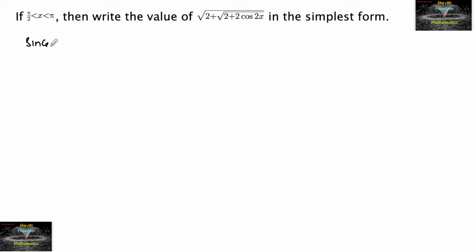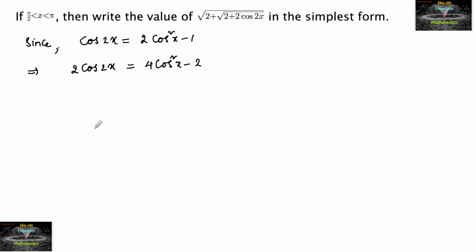Since we know cos 2x is equal to 2 cos square x minus 1, multiplying 2 on both the sides, we'll have 2 times cos 2x is equal to 4 cos square x minus 2, then adding 2 on both the sides, 2 plus 2 cos 2x is equal to 4 cos square x minus 2 plus 2. So that is 2 plus 2 cos 2x, which equals 4 cos square x.